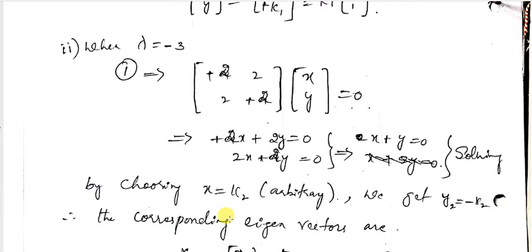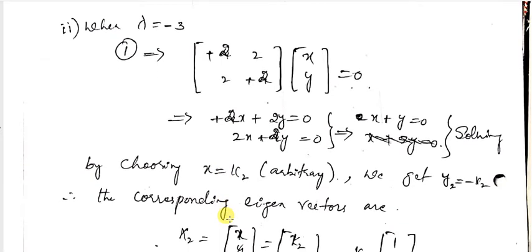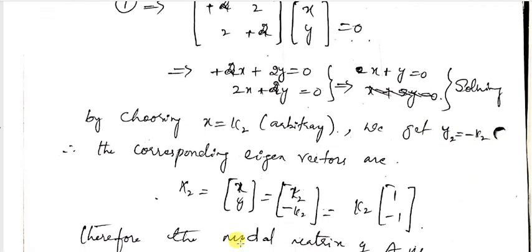So to find the unknowns x and y, because here I have only one equation, I'll choose one of the unknowns to be an arbitrary constant. So let x is equal to k2, an arbitrary constant, so that I get y as minus k2. Hence writing the corresponding eigenvector, that is X2 is equal to [x; y], which is equal to [k2; -k2], which is equal to k2 times [1; -1].